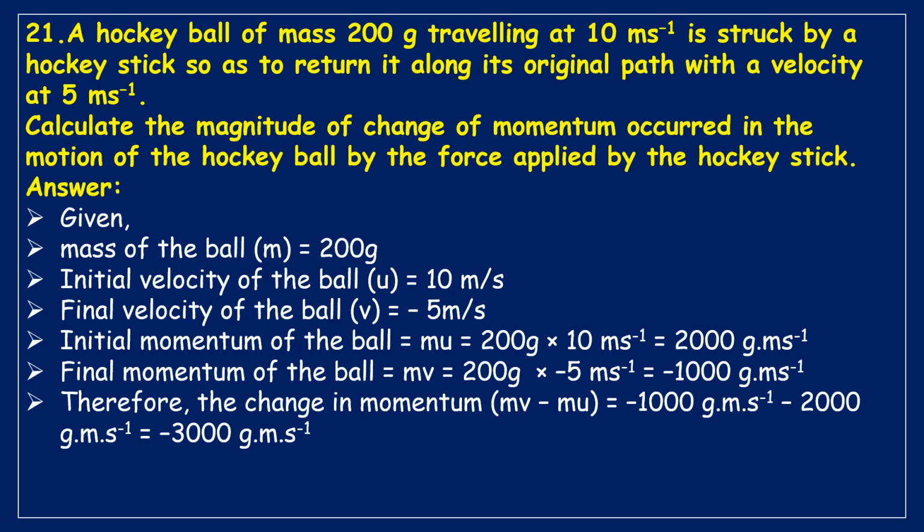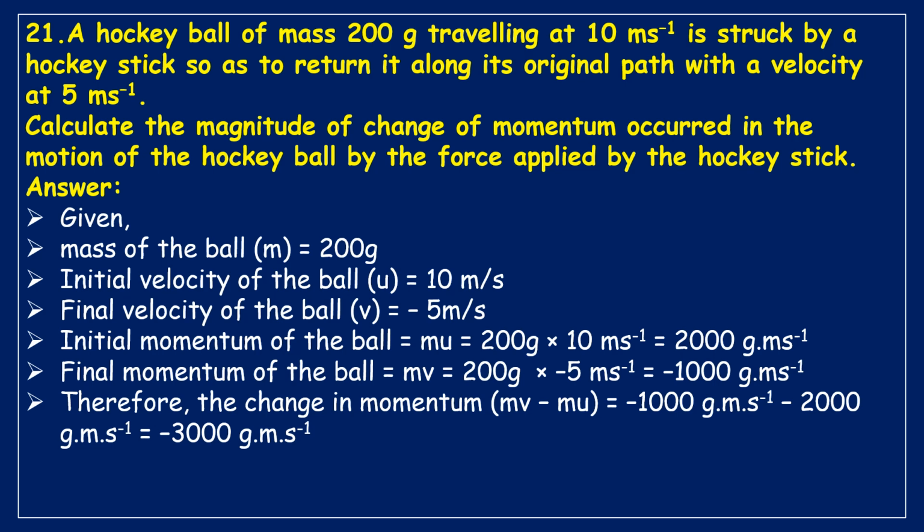Therefore, the change in momentum means final momentum minus initial momentum. Final momentum is minus 1000 grams meter per second, minus initial momentum 2000 grams meter per second, and finally you will get minus 3000 grams meter per second, right?